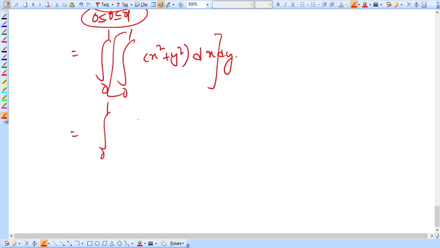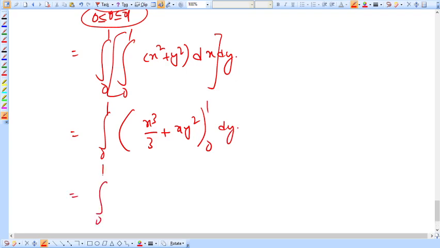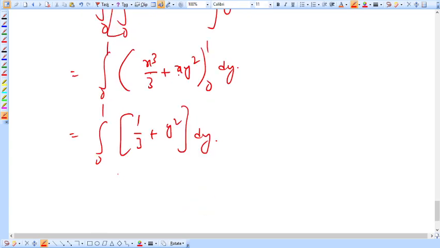So you are going to get x cube divided by 3 plus x y square, 0 to 1 dy. Put the value of x: 1 by 3, so if you put x here you will have y square and dy outside. Now you integrate this also, so after integrating you get y by 3 plus y cube by 3, integration 0 to 1.